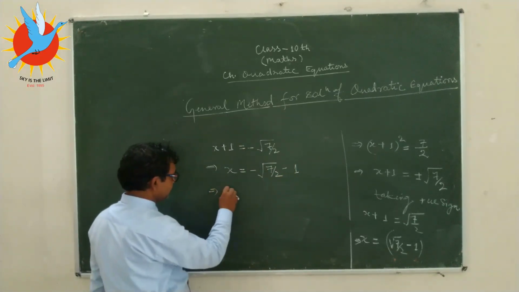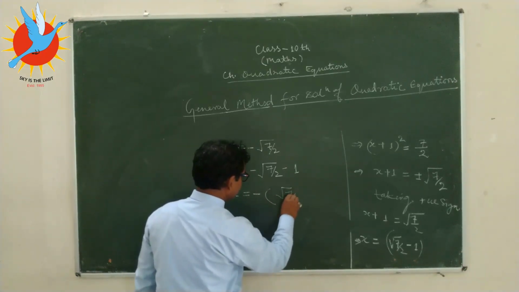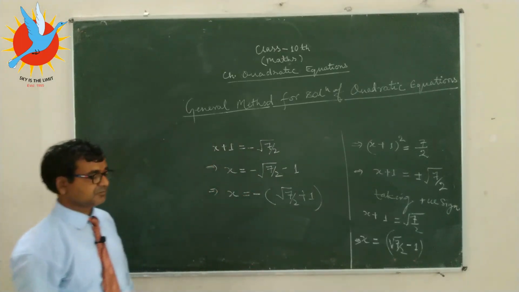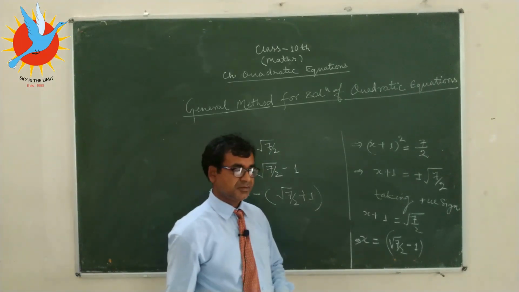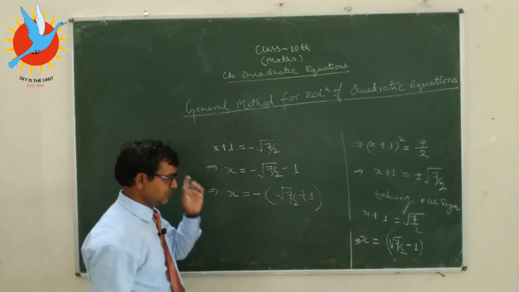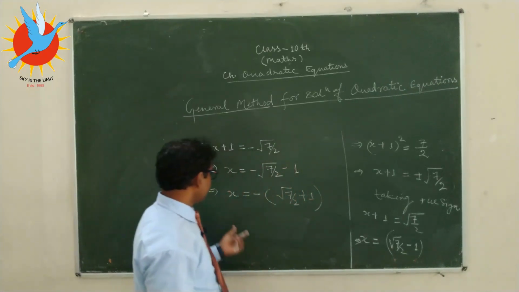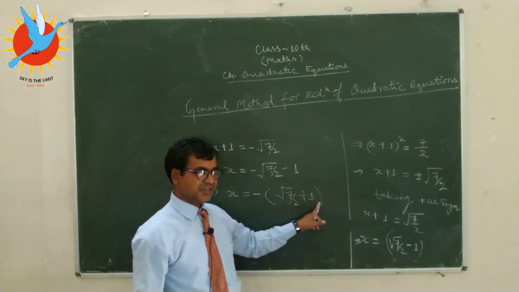This again can be written as x equal to minus root 7 by 2 plus 1. Now the solution of the quadratic equation is x equal to root 7 by 2 minus 1, and the second is minus root 7 by 2 plus 1.